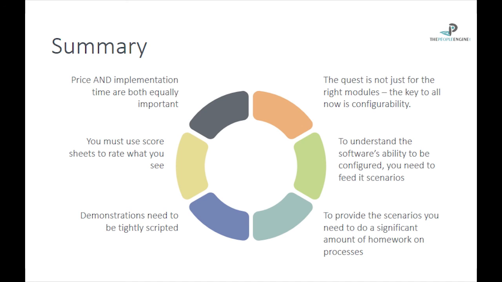You need to use the score sheets to rate what you see and score as you go. Don't sit there and look at it all, then try and mark it later. Demonstrations have to be driven by you. You drive the agenda. You set the scenarios. You allocate the time and the points.